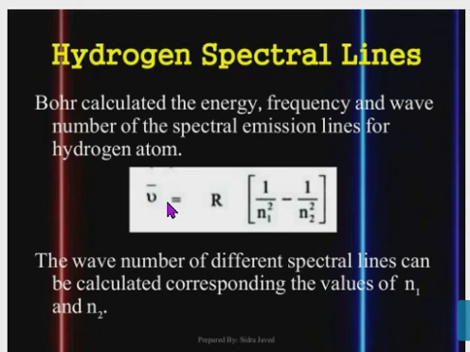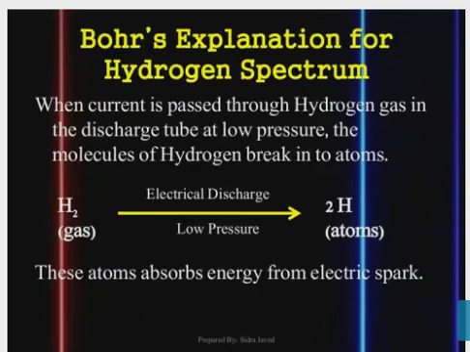Nu bar is the wave number, that is 1 by lambda. We get this from the Bohr energy calculation. The wave number of different spectral lines can be calculated for different n1 and n2, which are the orbit numbers.